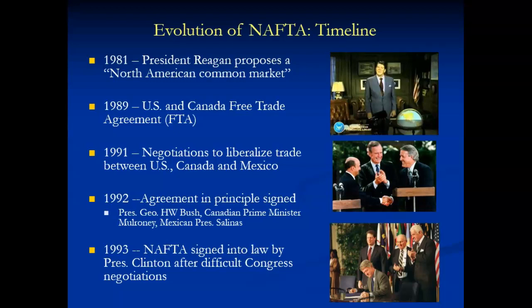Then in 1992, there was an agreement in principle signed between H.W. Bush, Canadian Prime Minister Mulroney, and Mexican President Salinas. And in 1993, everything came together with NAFTA, the North American Free Trade Agreement, signed into law by President Bill Clinton after some very difficult negotiations through Congress.